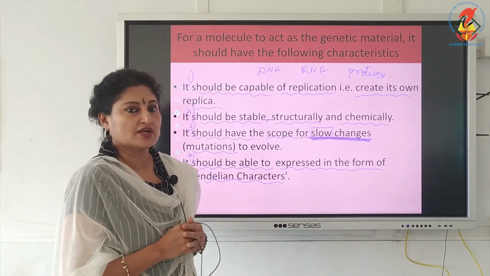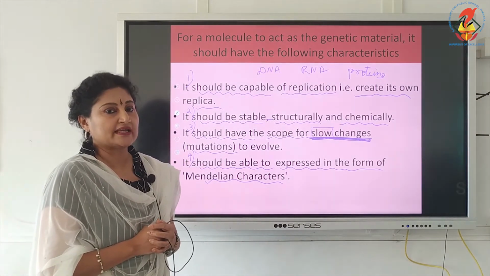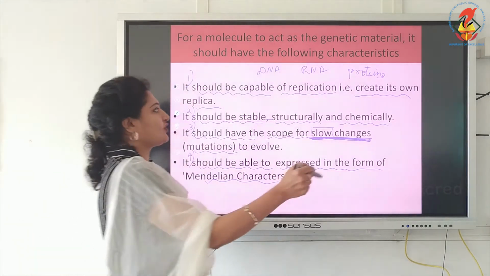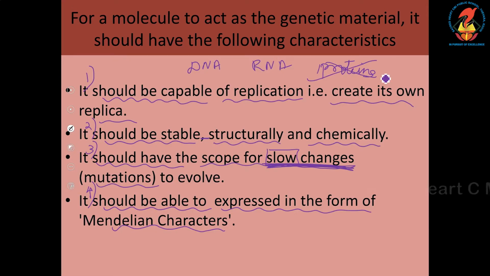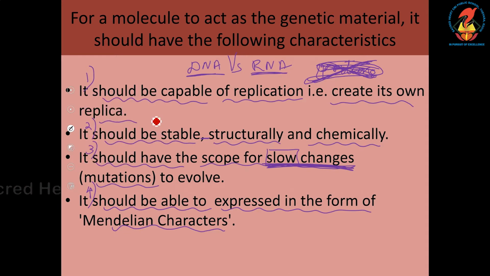They replicate because of this particular property, the rule of base pairing and complementarity, which is not there in proteins. So henceforth I am going to rule out proteins, and we are not going to consider proteins again. So it's again between DNA versus RNA. The first criterion is successfully satisfied by both DNA and RNA.